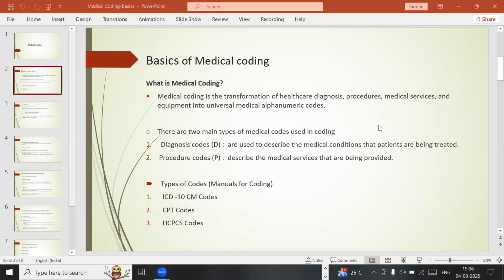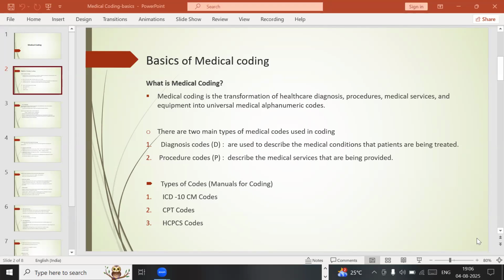So today we will discuss the basics of medical coding. Okay.